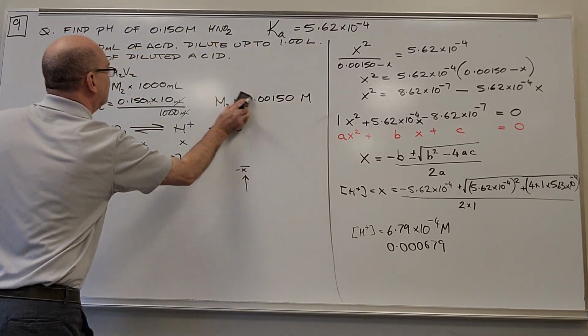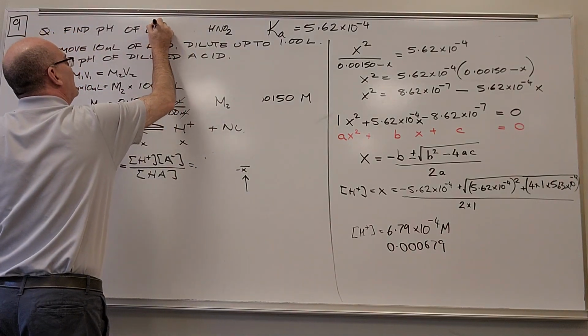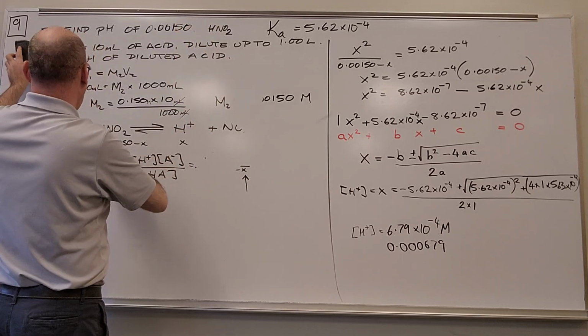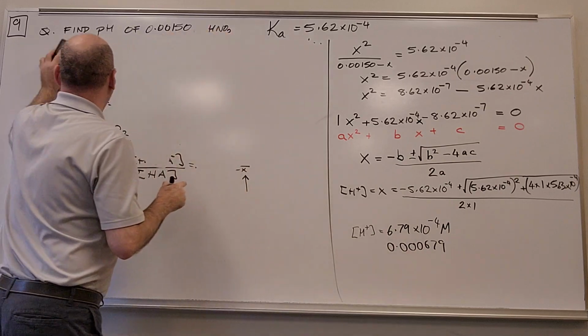So this number is now 0.00150, yes? Yeah, all right, so while that's still on the board, find pH.